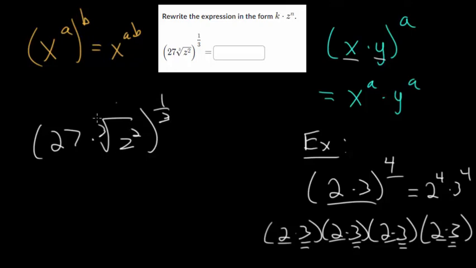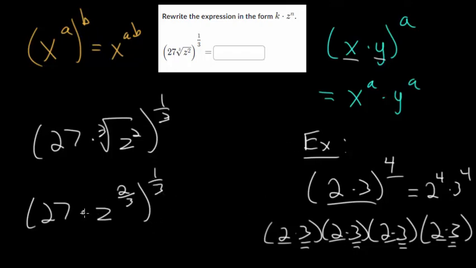Now, let's first simplify this radical expression and change it to a fractional exponent. So we have 27 times, this is z squared, so z to the 2nd power, our numerator is the power we raise it to, and the denominator is the root we take. So this is just z to the 2/3 power, and everything is raised to the 1/3 power.